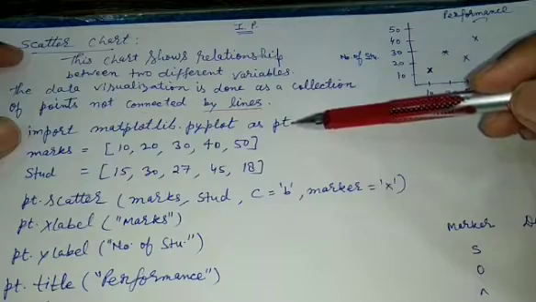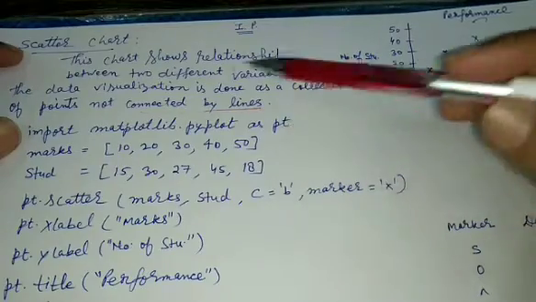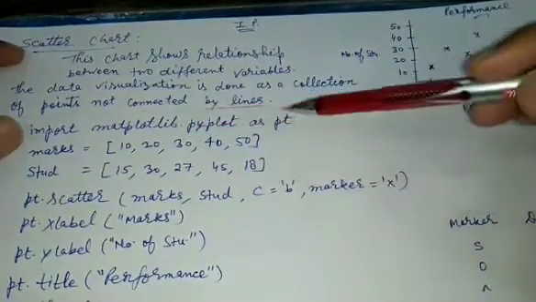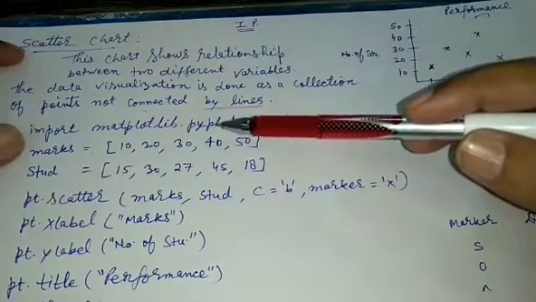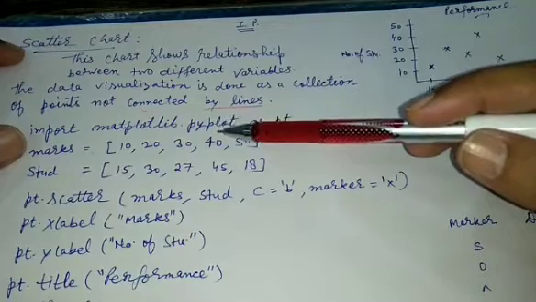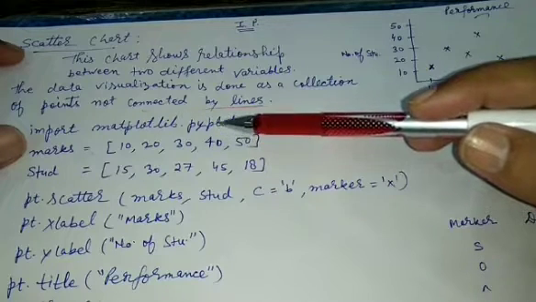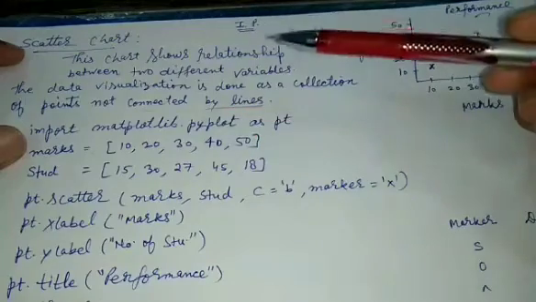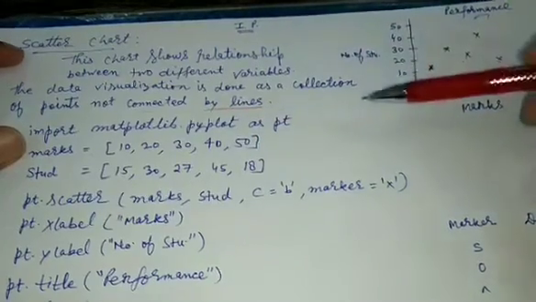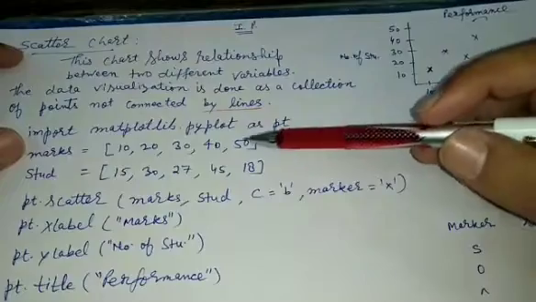So in the future code we will use this whole import as pt. Suppose we want to show how many students obtain 10 marks, 20 marks, 30, 40 or 50 marks in an exam.